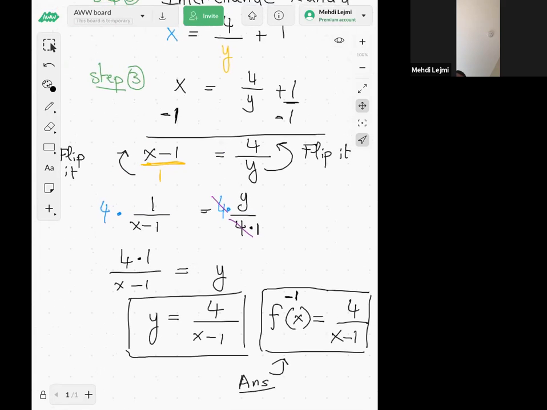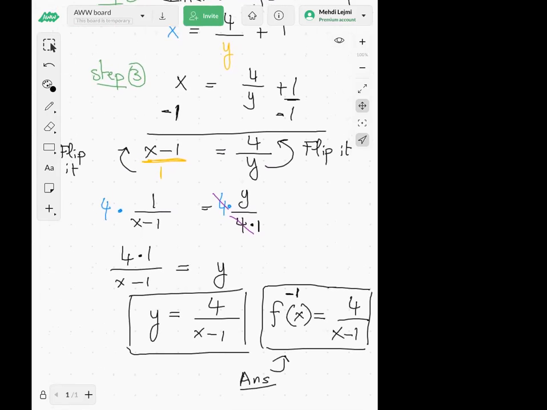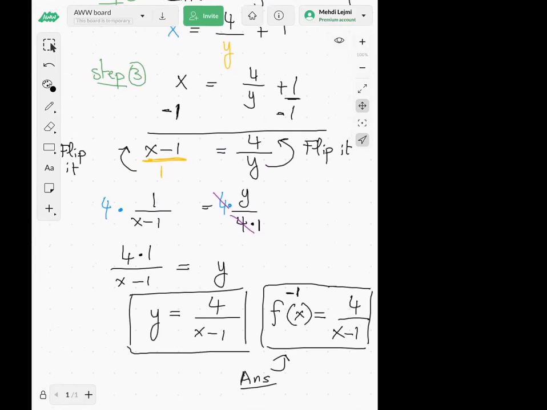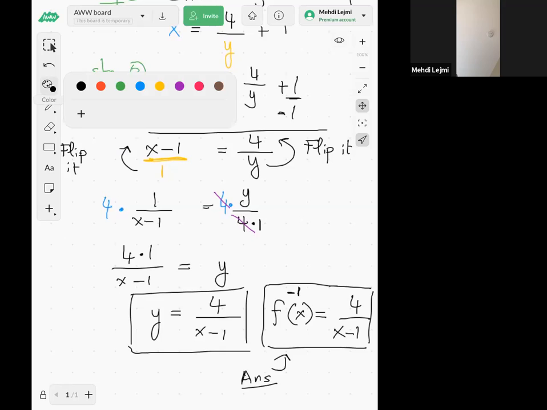What do you mean by moving y to the other side? Like where you have 4 over y? Yeah, you put the x minus 1 in brackets and you put the y outside. You mean like you multiply by y here and by y here? Is that what you mean?